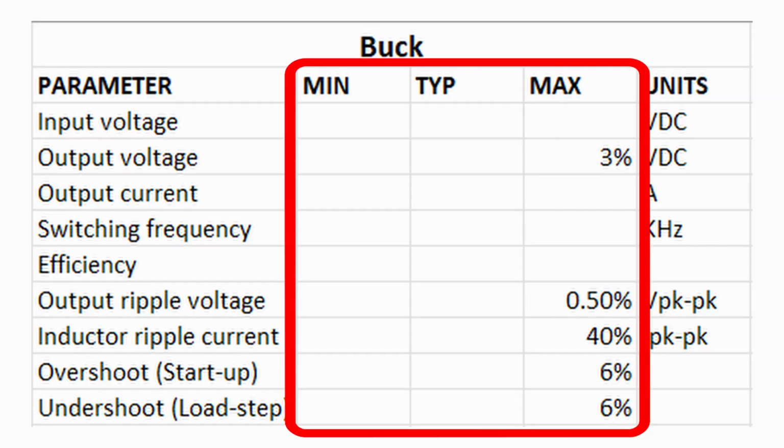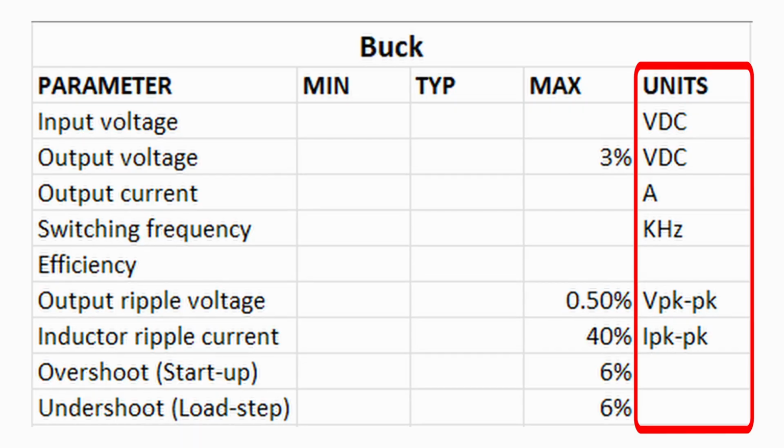The next three columns over, we have the minimum, typical, and maximum expected value for each of those parameters. Power supplies and all electronic circuits in general typically operate within a certain range of values for a parameter, so it's a good idea to specify those ranges in our spec sheet.